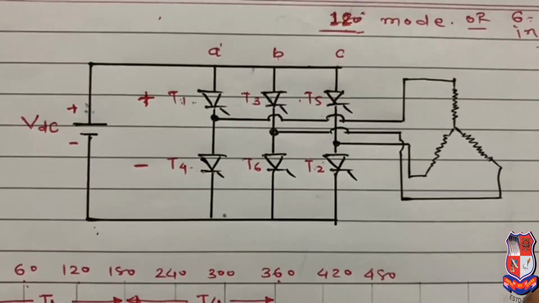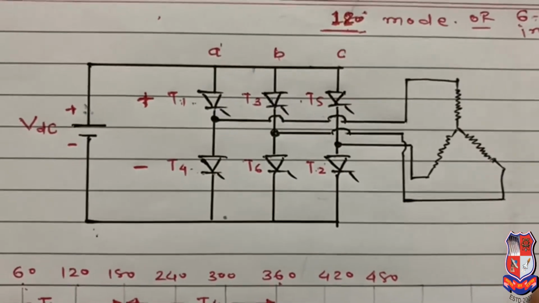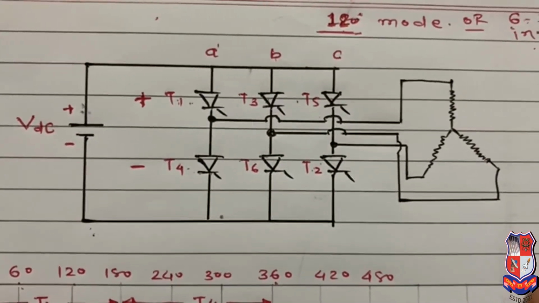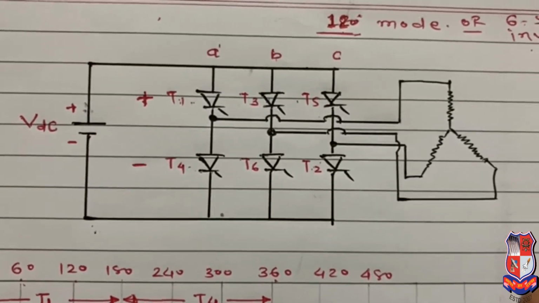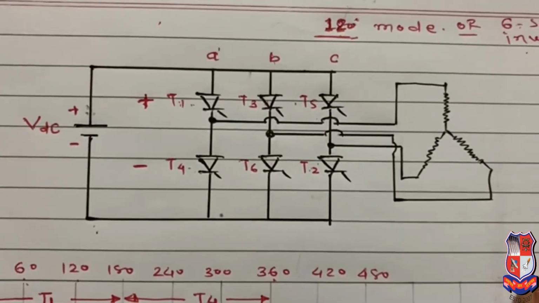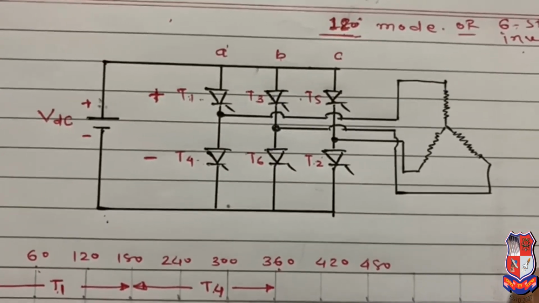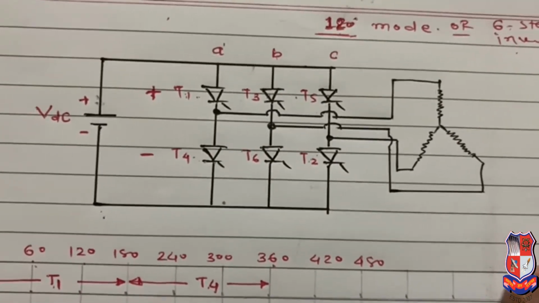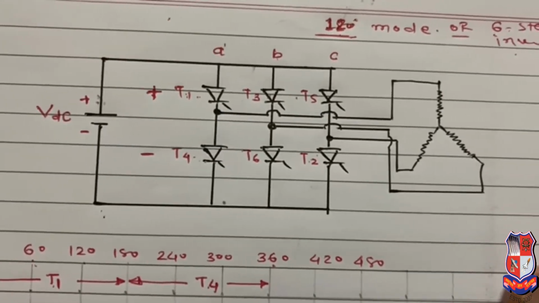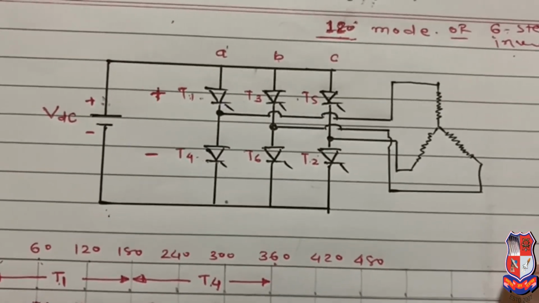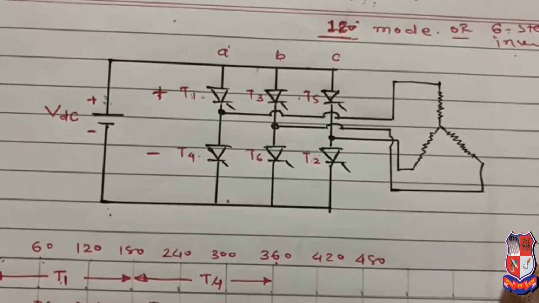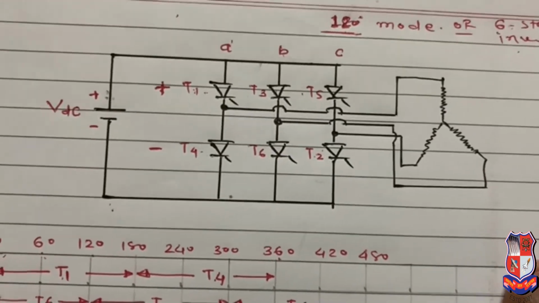So this is a basic configuration of 3-phase voltage source inverter. It consists of DC voltage as an input VDC and 3-phase balanced load at output side. It has 3 phases: phase A, phase B and phase C.